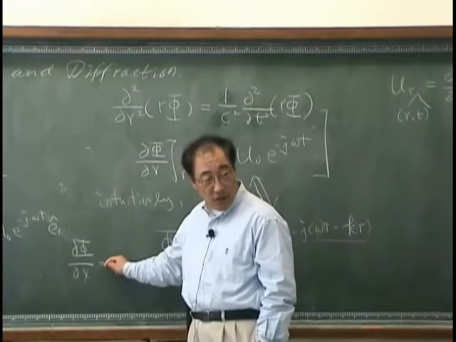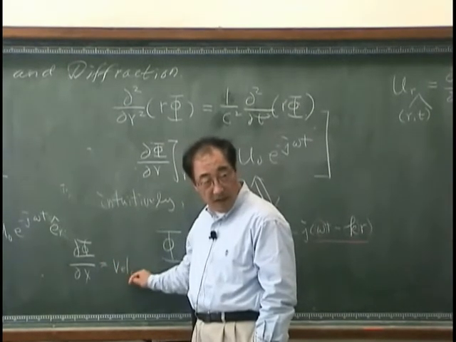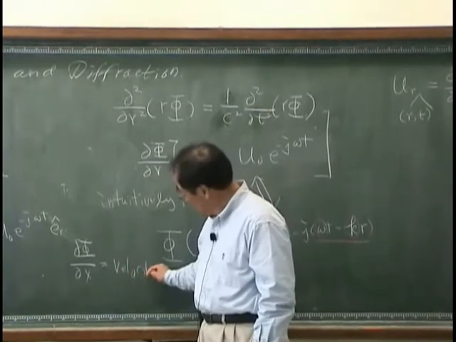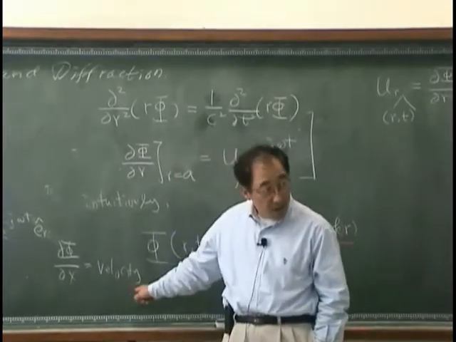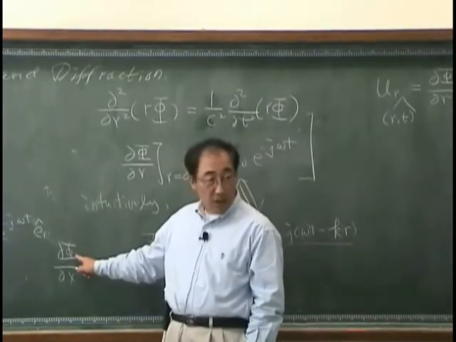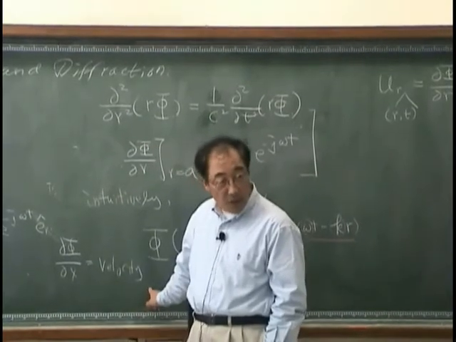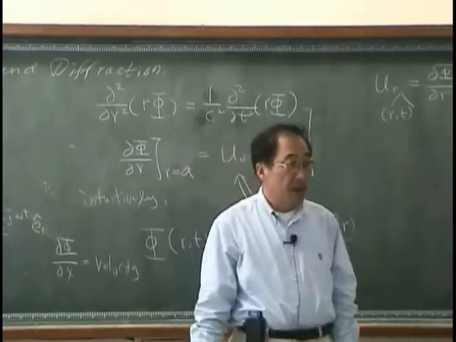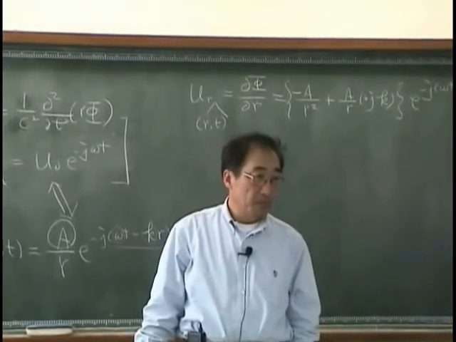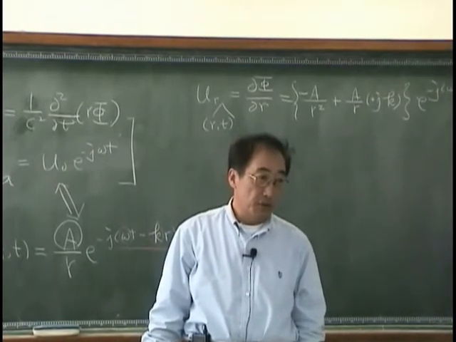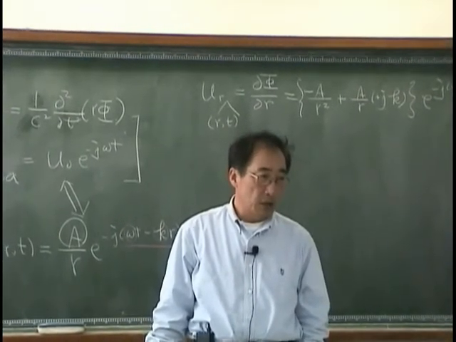That is velocity, right? Therefore, the dimension of phi is velocity multiplied by the length scale.